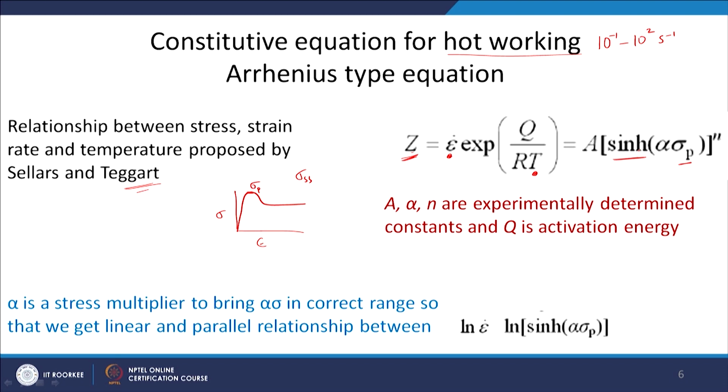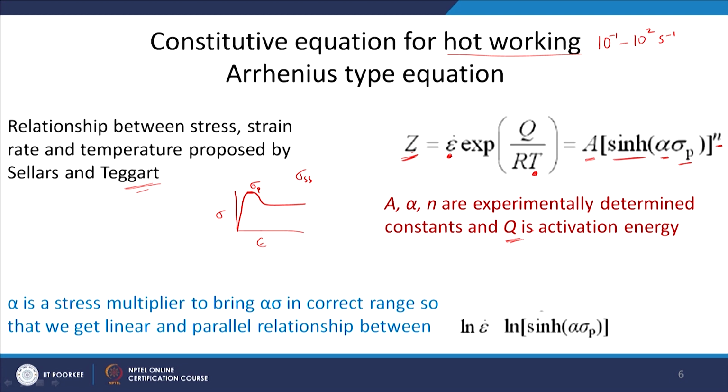So, this is a very general equation, a sinh equation, to relate the stress with the Zener-Holloman parameter, okay. And of course, there are a couple of constants here, alpha, A and stress exponent n, okay. So, different constants are there. So, A, alpha, n are experimentally determined constants, and also Q is also going to be determined experimentally only, and it is the activation energy, okay.